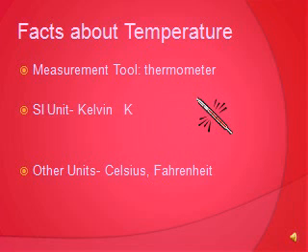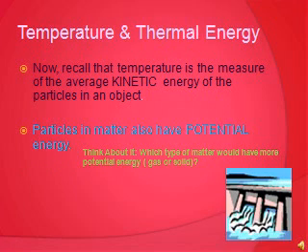After looking at those particle arrangements, you probably noted that solids, liquids, and gases occur at very different temperatures. So first of all, what is temperature? The temperature of an object is the measure of the average kinetic energy of the particles in an object. Some basic things that you need to know about temperature include the measurement tool we use to measure temperature.